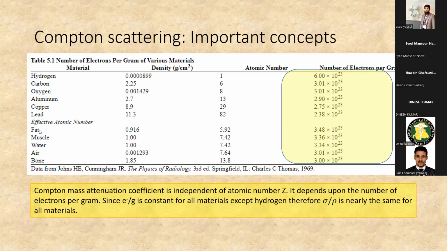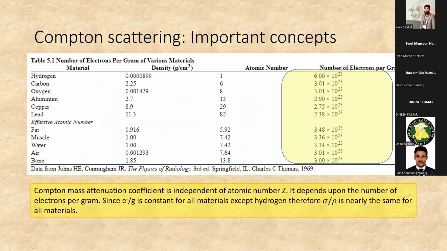Here you can see the density of the human body, fats, muscles, water, air, bones, and their number of electrons per gram are quite similar. So the Compton mass attenuation coefficient is independent of atomic number. It depends on the number of electrons per gram. Since electrons per gram is constant for all materials except hydrogen, the Compton coefficient is nearly the same for all materials.